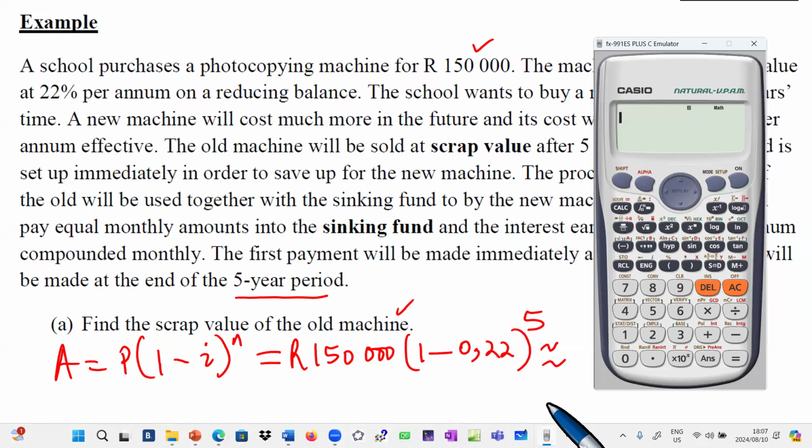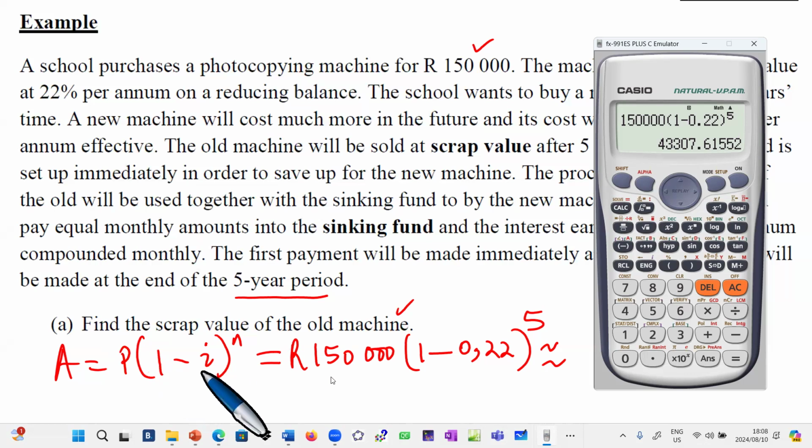Okay, so now what do we have here? 150,000 times 1 minus 0.22, and you raise it to the 5th power. Now, obviously, the question was to determine the scrap value of the old machine.